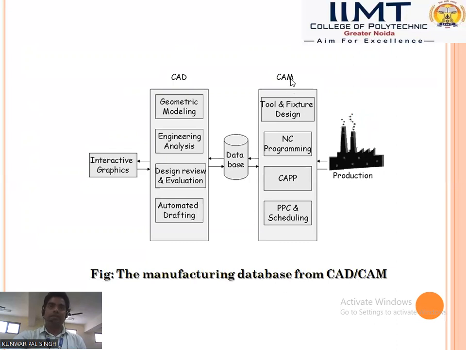CAM is manufacturing. We use tool and fixture design, NC programming, CAPP, PPC, and scheduling: scheduling of jobs, scheduling of tools, NC programming, tool fixtures. After that, production will start and we get the product. So CAD and CAM are interconnected and the data is transferred to each other.